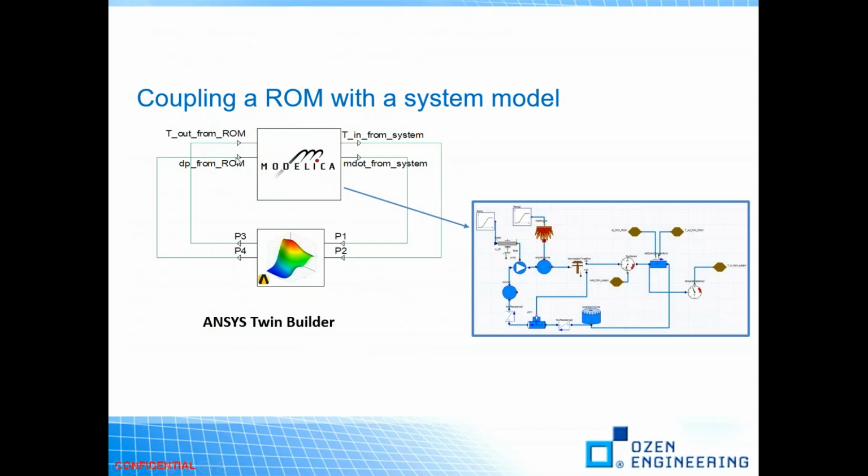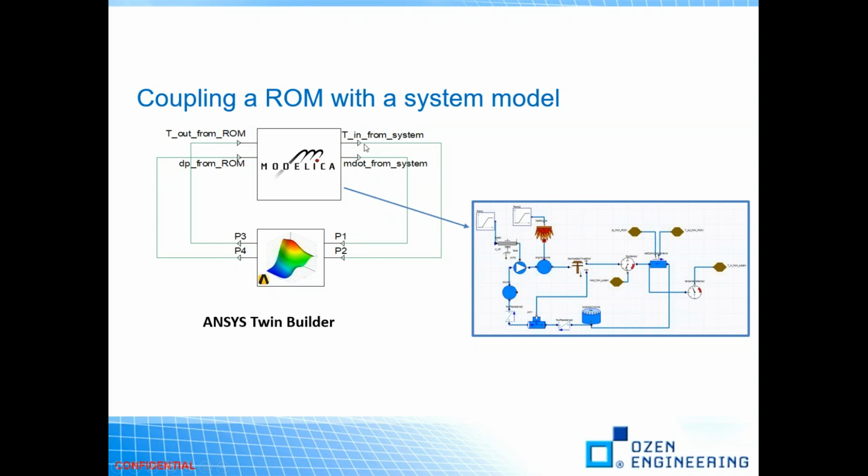Coupling a ROM with a system model: as on the previous slides, we have this mechanical system. Then we turn this entire mechanical system into a two-way in, two-way out Modelica model, and connect it with a response surface in TwinBuilder.